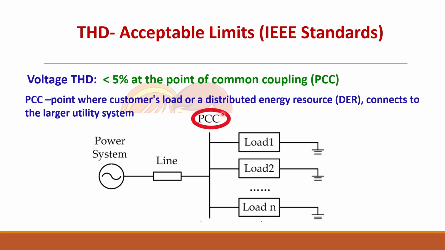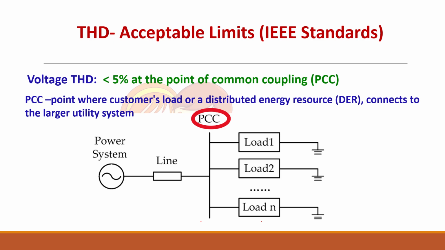This is the place where you connect your solar PV plant or a wind energy plant to the utility. Suppose you have a PV plant and you want to inject the PV power into the grid. You cannot simply inject whatever you are getting. You should make sure that at this point of common coupling, the voltage has a THD less than 5%.